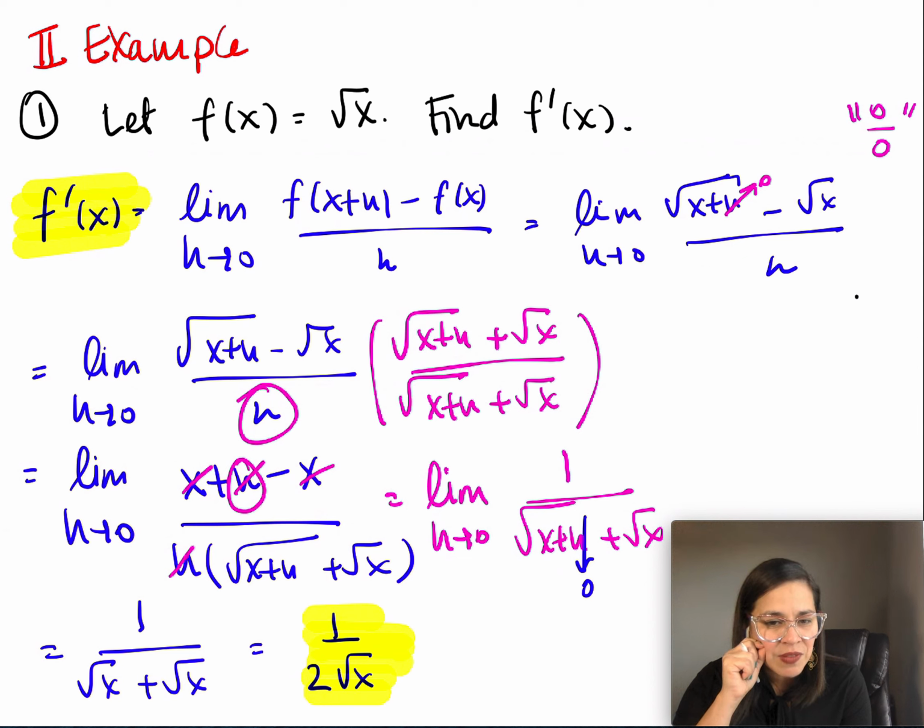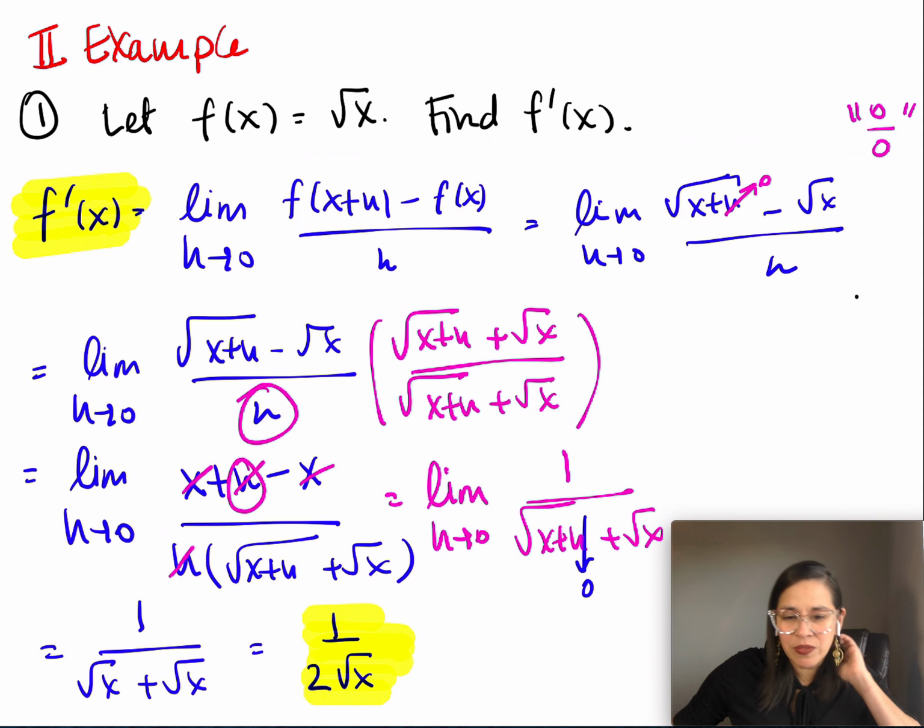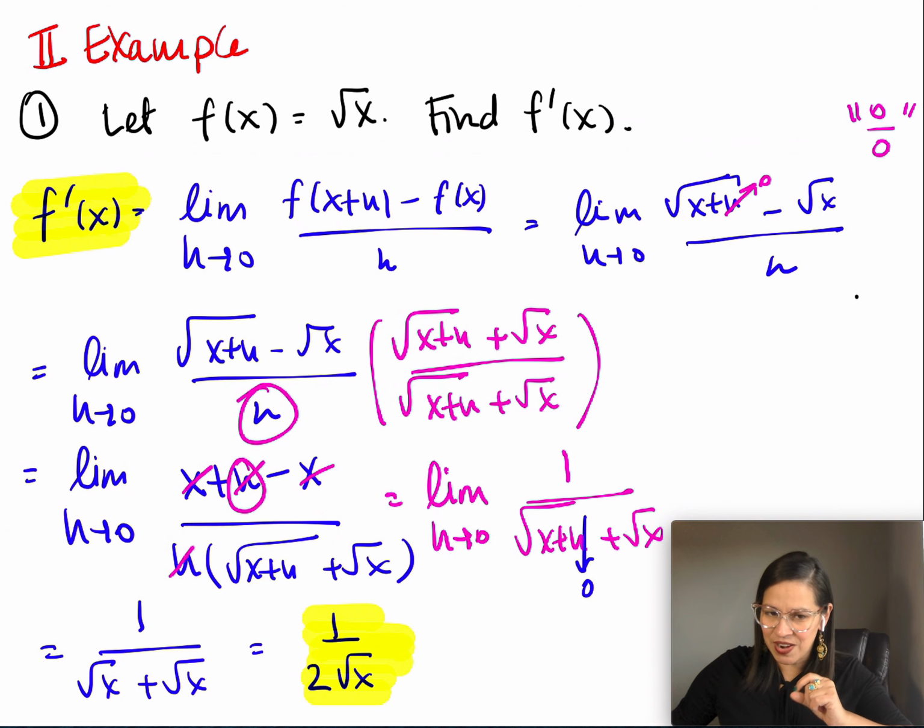Can you think of a value of x that if you plug into the derivative, it's undefined? Yeah, the answer is 0. So in this case in particular, the domain of root of x is all real numbers greater than or equal to 0, but the derivative is not defined at 0.